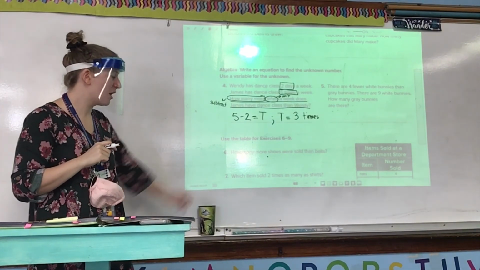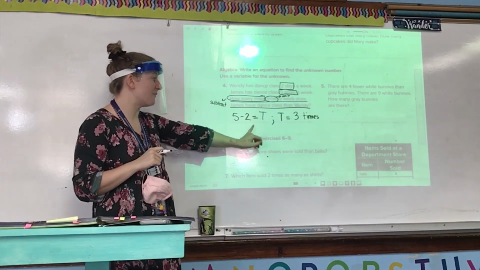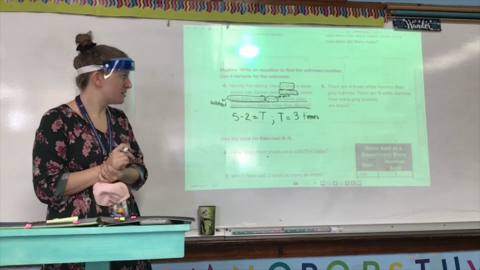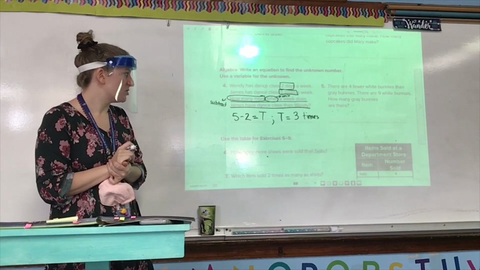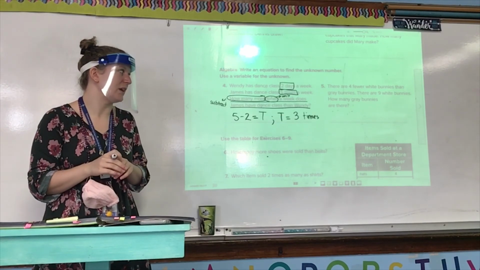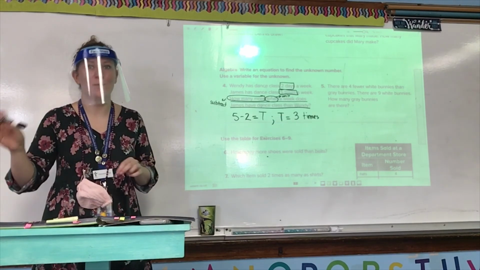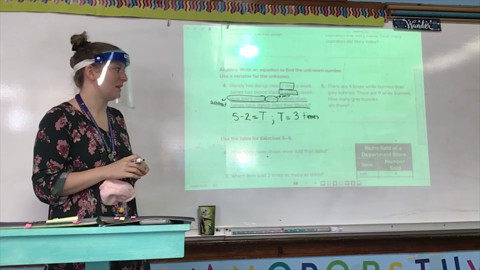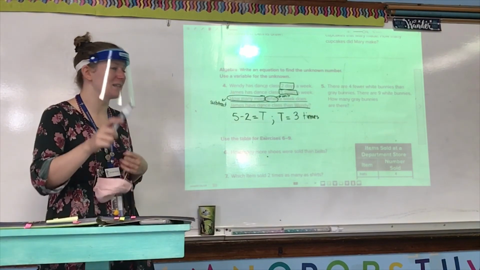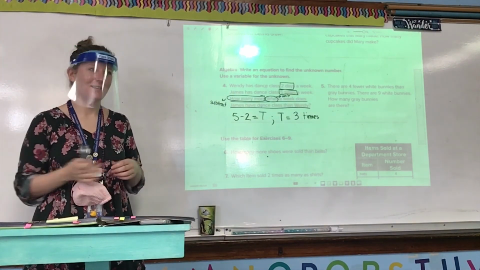So make sure 5 minus 2 equals t. T equals 3 times. So that means James has dance class 3 times more a week than Wendy. James has dance class 3 more times a week than Wendy.